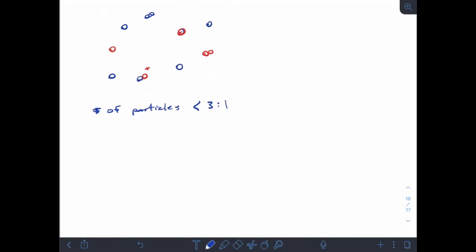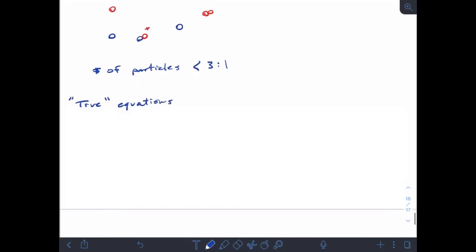So the van 't Hoff factor actually goes into each one of our colligative property equations. Right? So I said the ideal equations. Now I'm going to give you the true equations. And I said the van 't Hoff factor is a multiplier. So for each one of these, we just simply plug in the van 't Hoff factor into our equation.